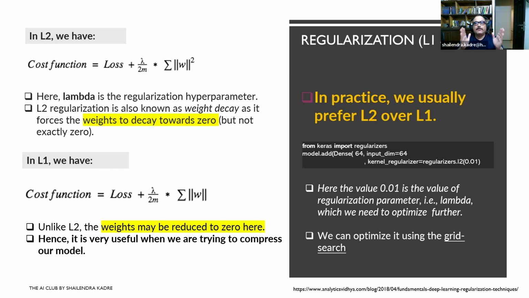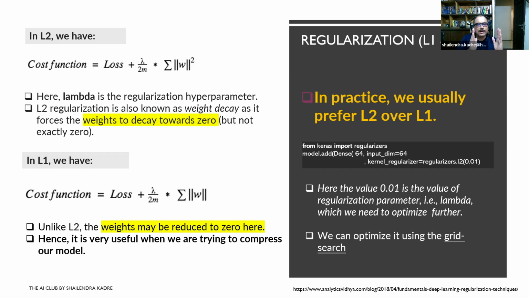It is exactly the same as in linear regression. In linear regression, L2 we call Ridge regression. In Ridge regression we square all the beta coefficients and add them up. Here we square all the weight matrices and add them up. And L1 is called lasso, in which we never square, we just add them up as they are. So the concept is exactly the same.